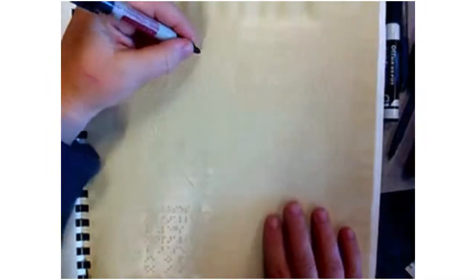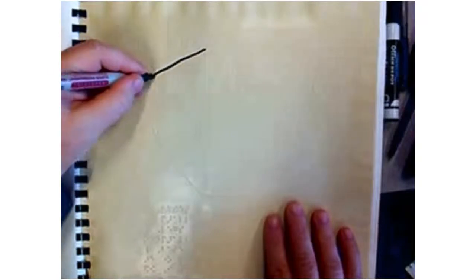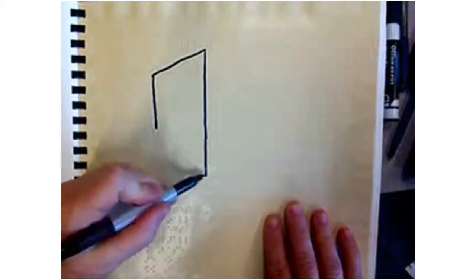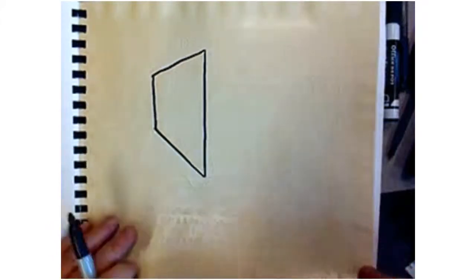So turn the page. The next two pages attempt to show you a trapezoid involved in perspective drawing, but it's really difficult to make out in Braille.